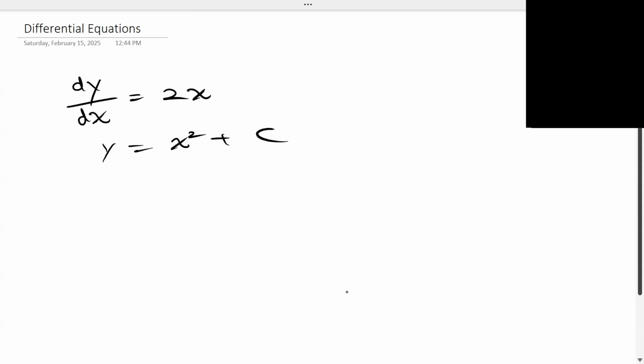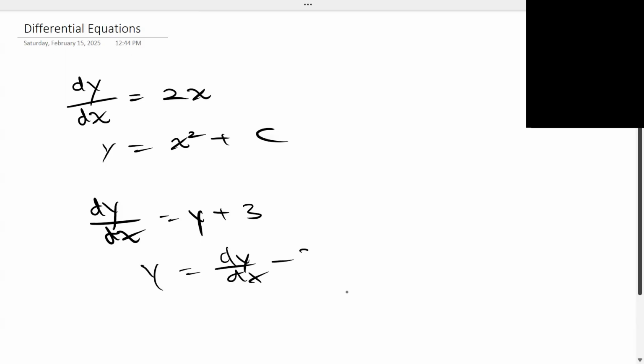Say dy/dx equals y plus 3. So you can't just write y is dy/dx minus 3. That's not the answer.